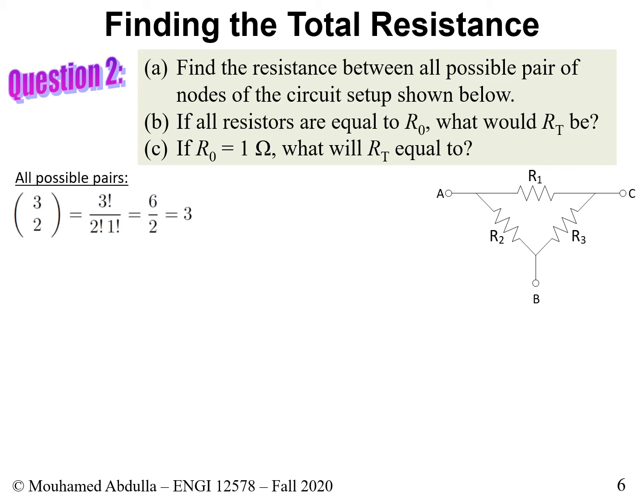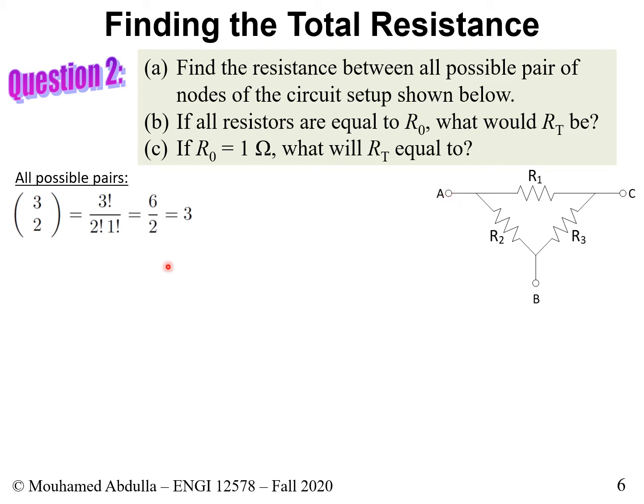So let's see how to find how many possible ways you can measure total resistance. You could certainly use the skill that you have from probability and statistics, where you do n choose k. In this case, n is the total number of elements, which is the total number of nodes that you have.